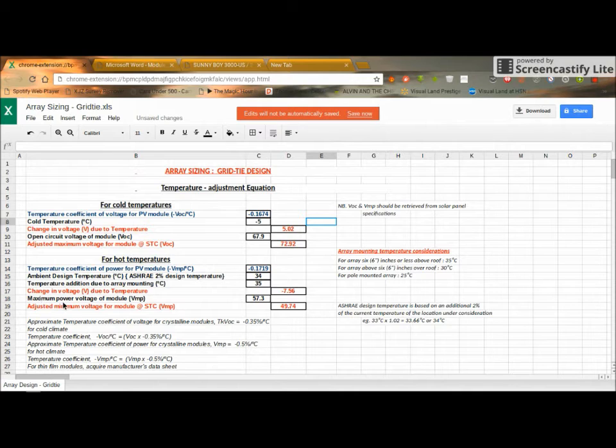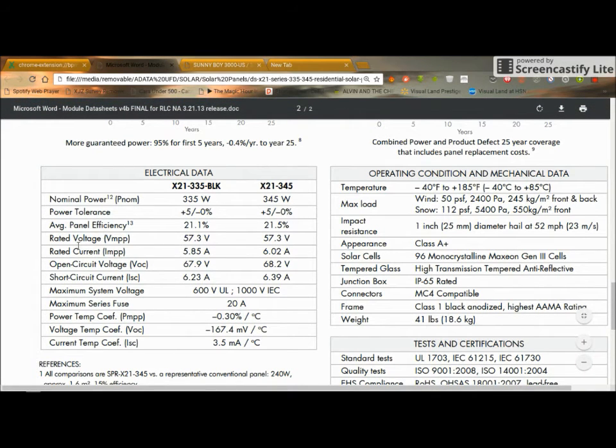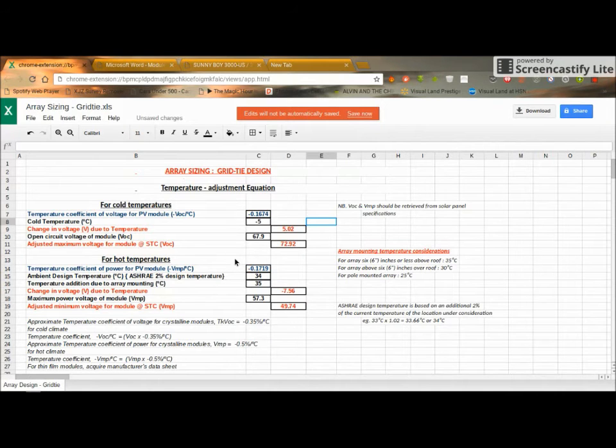Next, we look at the maximum power of the module, VMP. Again, let's go back to our module. What would be our maximum voltage? Here, our rated voltage, VMPP, would be 57.3. So we input 57.3 here, and so we come to an adjusted minimum voltage for module at standard temperature, 49.74.